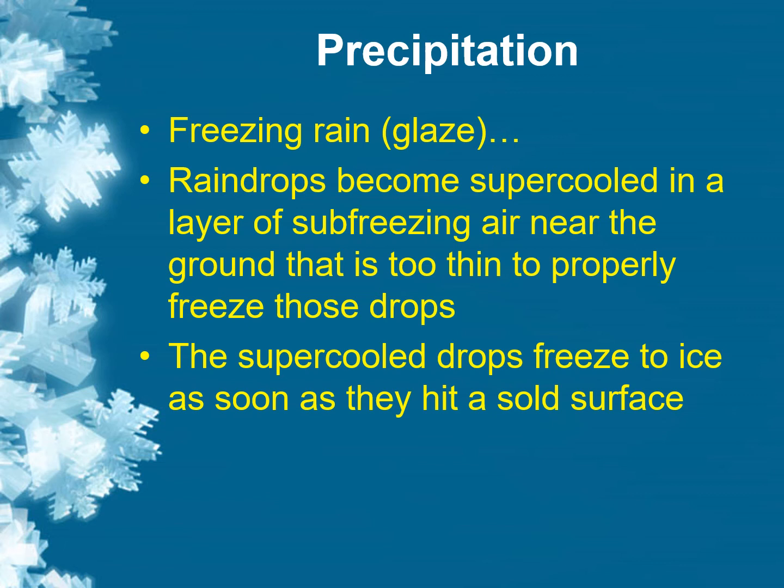Freezing rain is also referred to as glaze. What happens here is raindrops become supercooled in a layer of below freezing air near the ground. It's too thin to properly freeze those drops. So you basically have, and of course this tends to be a wintertime event, supercooled raindrops, and they don't encounter a thick enough layer of cold air to freeze.